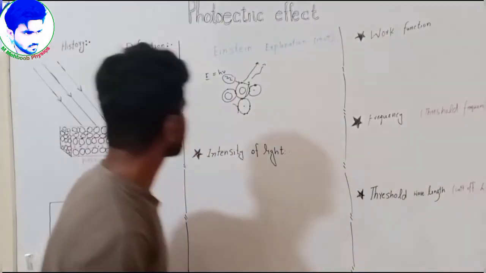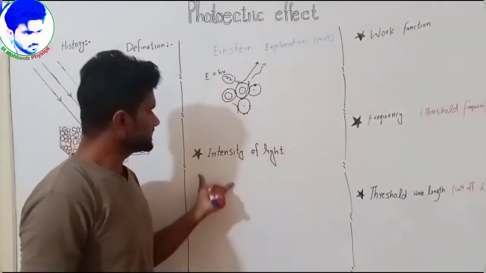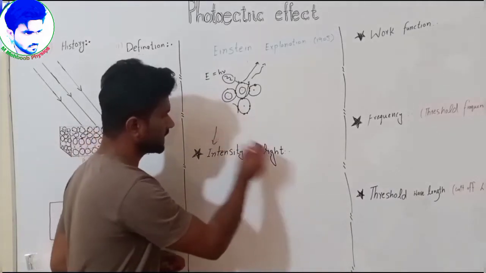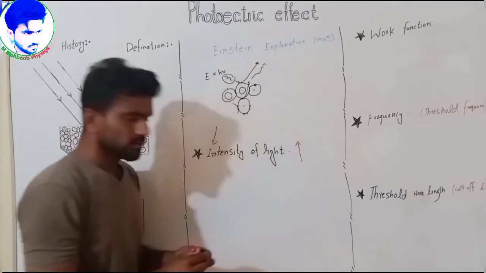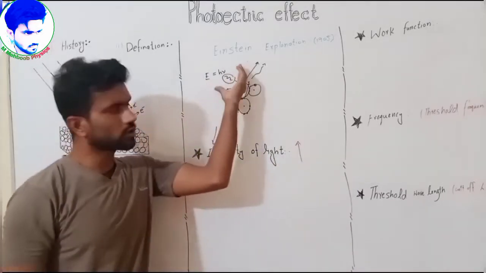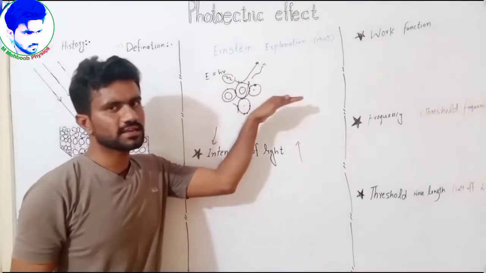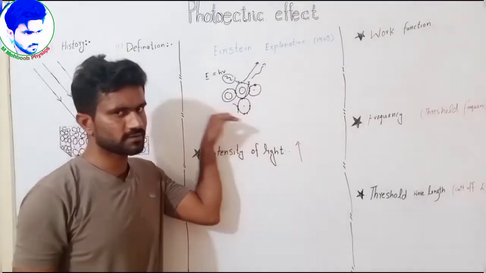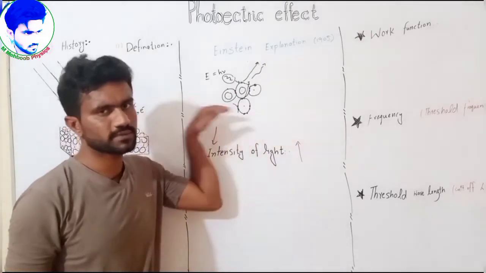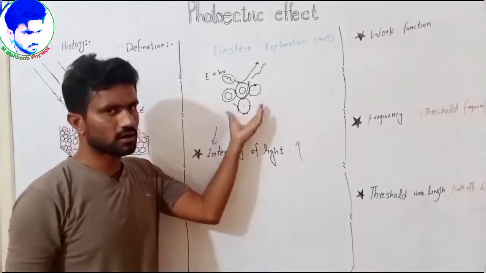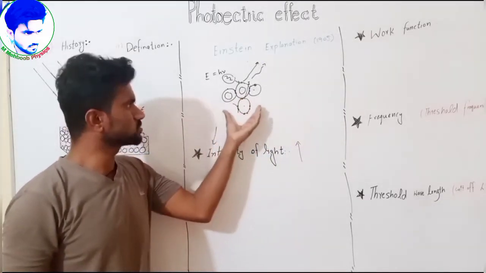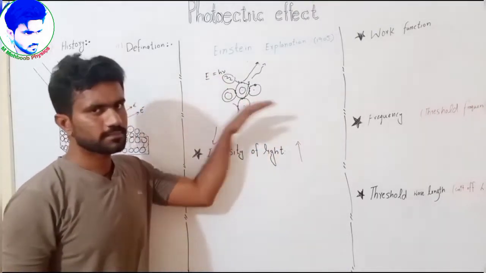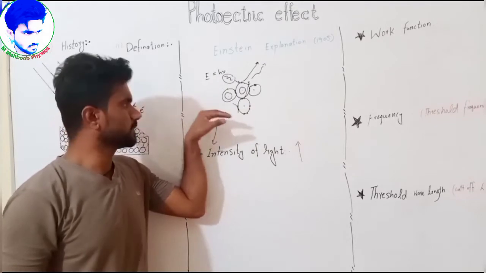And one thing, by increasing the intensity of the light, the number of photons interacting with the electrons on the surface of the metal, and with those between the atoms in the middle of the metal, increases. The photons also strike the electrons present in the middle of the metal.